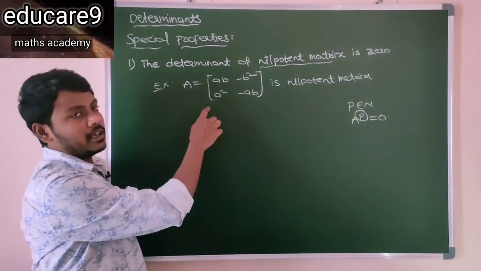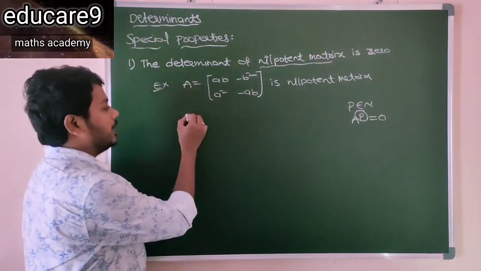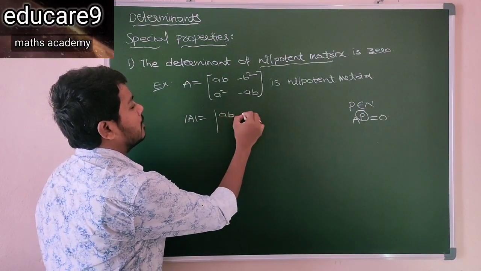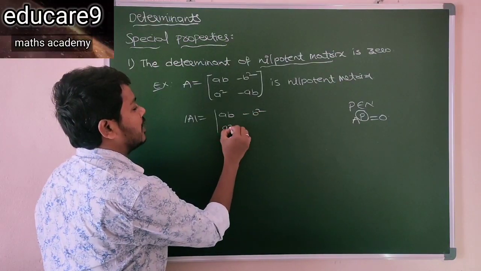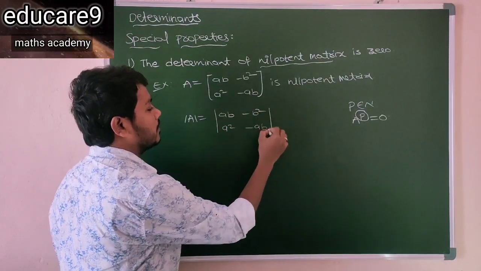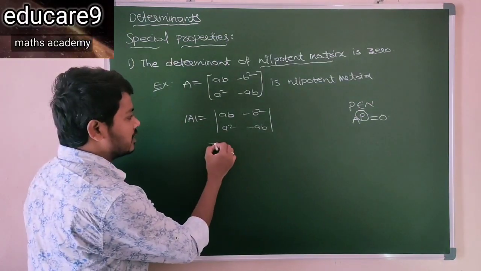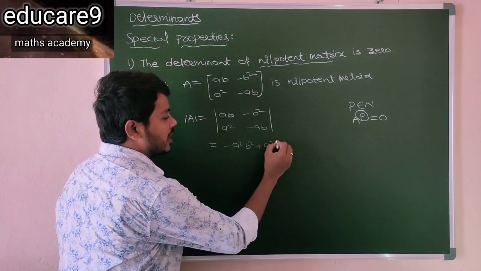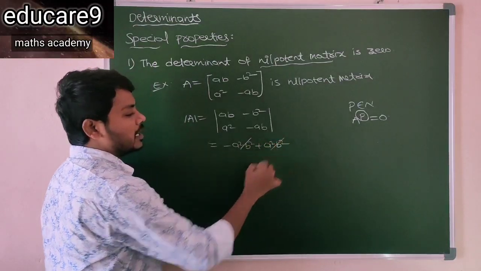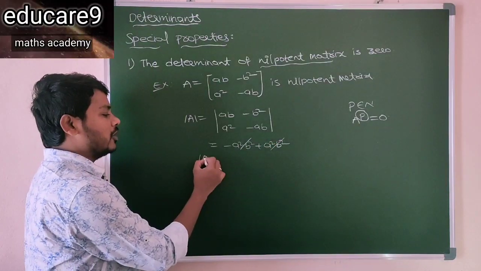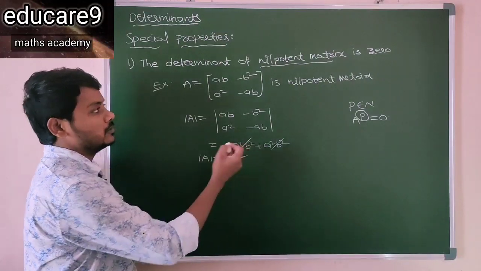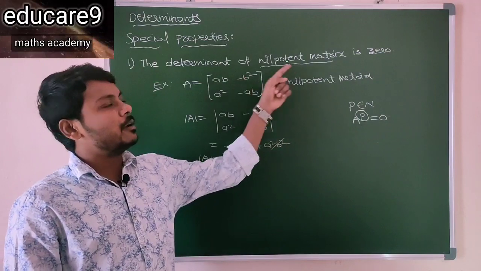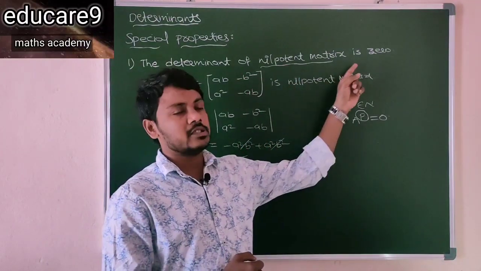Then the determinant of this matrix: determinant of A is equal to the determinant of [AB, minus B square; A square, minus AB]. So clearly this is minus A square B square plus A square B square. So clearly it becomes 0. Therefore the determinant of A is 0. So clearly from this we can say that the determinant of a nilpotent matrix is always 0.